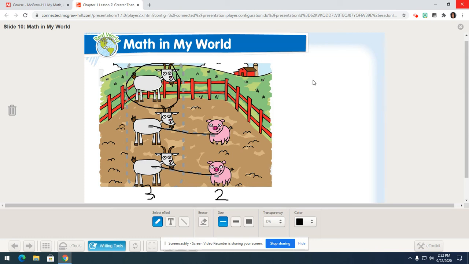That tells me that we have more goats than we have pigs. So that means that 3 is greater than 2. So echo me. The goats are greater than the pigs. Good job. Go ahead, flip over your papers.